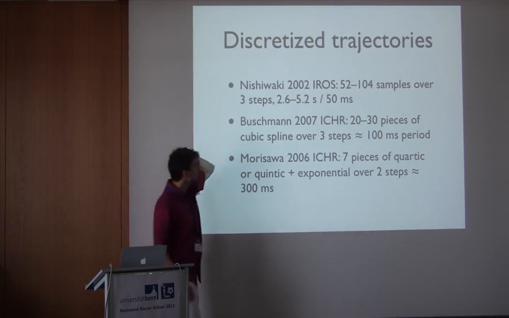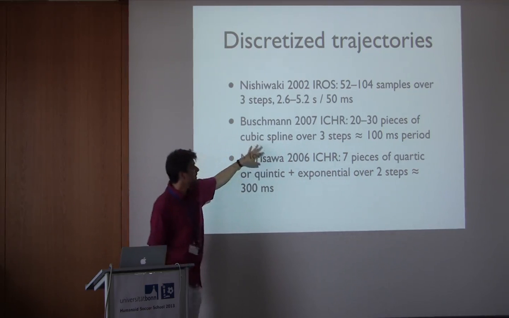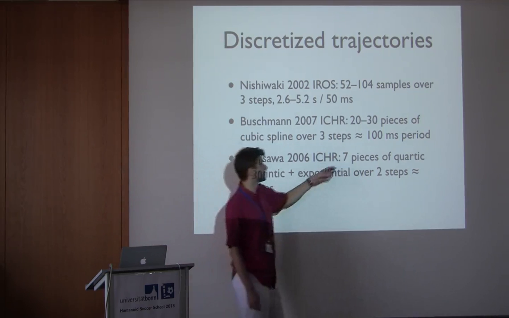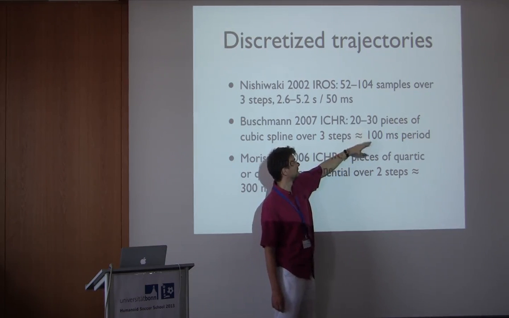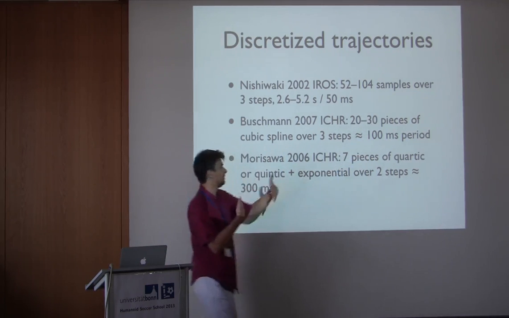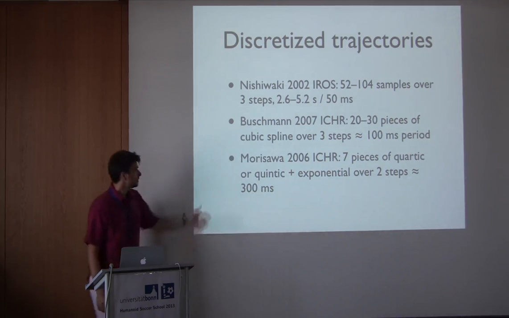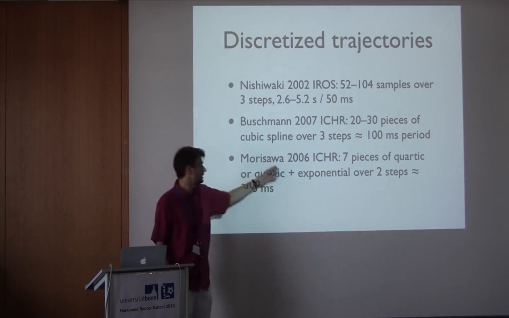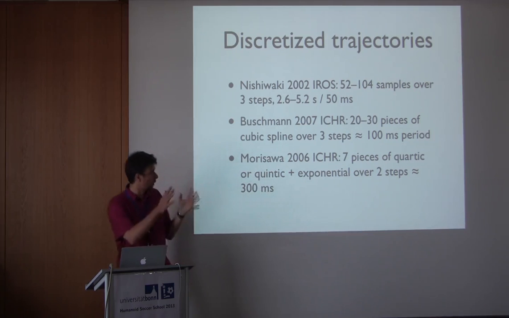So Thomas Buschmann in Munich proposed to use cubic splines for 3 steps. So around 100 millisecond period with 20 or 30 pieces of spline. Urisawa, for the HRP2, proposed to use quartic or cubic polynomials piecewise.